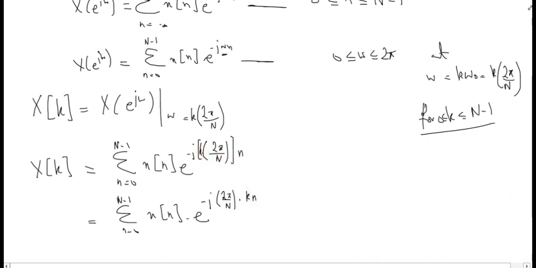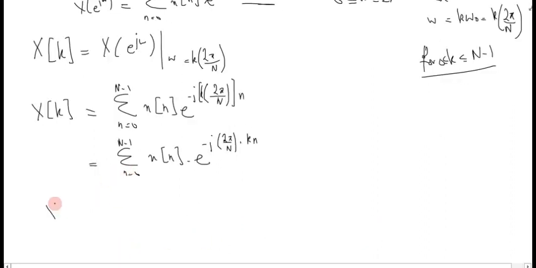This k I am bringing outside this bracket, so it will become X of k equal to the summation n equal to 0 to N minus 1 of x of n W N raised to power k n.